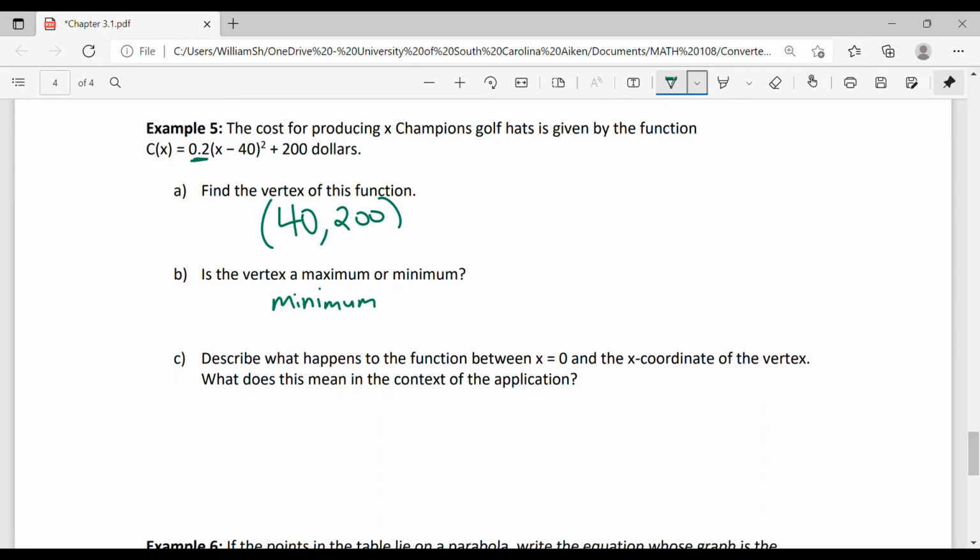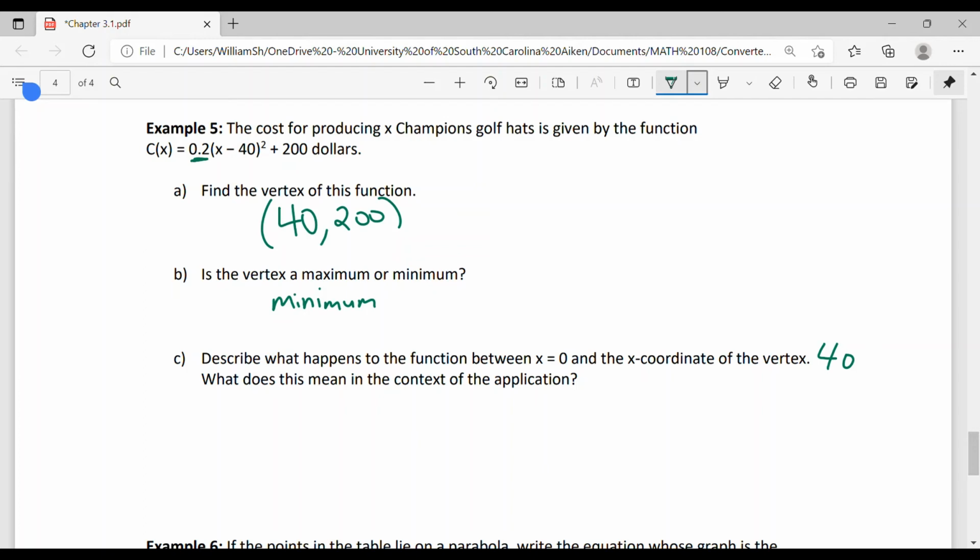Now, from x equals 0 to x equals the x coordinate of the vertex, which in this case would be 40. So from x equals 0 to x equals 40. Now, 0 is on the left-hand side of 40. 40 is a minimum. That means from 0 to 40, we have to be decreasing, and once we get to 40, we will start increasing.